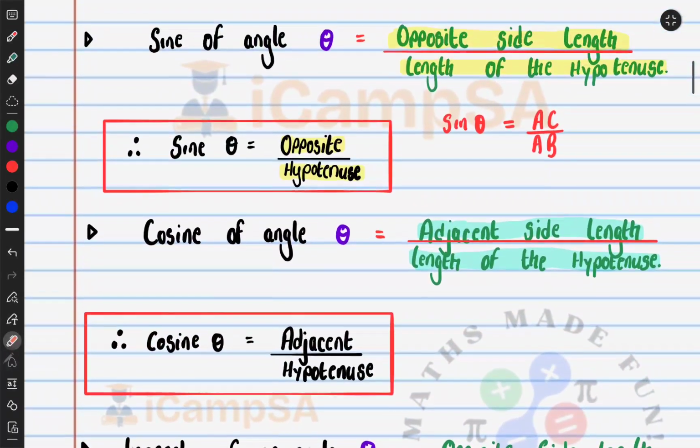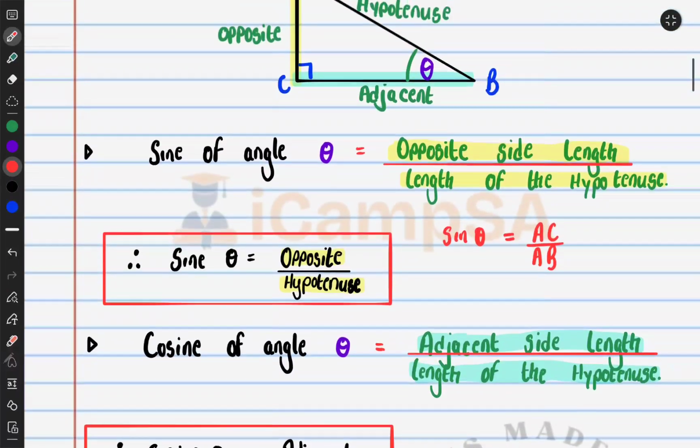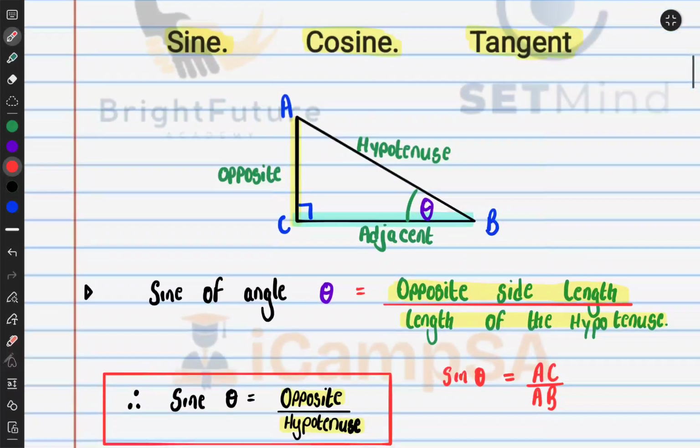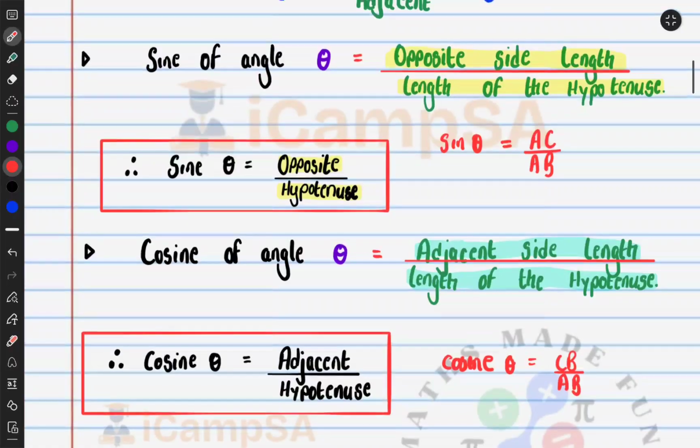So in other words, cosine theta is going to be CB, the length of the adjacent side, over the hypotenuse side, which is AB. And that is basically the second trigonometric ratio. So we are dealing with the adjacent and the hypotenuse side, or the ratio of the cosine of theta is the adjacent over the hypotenuse side.